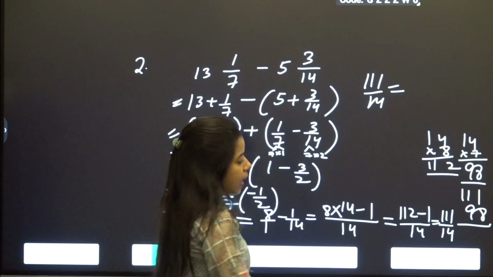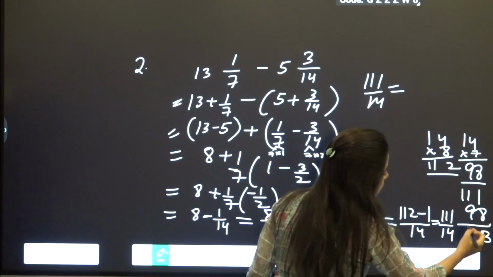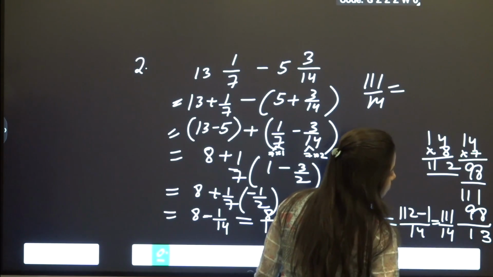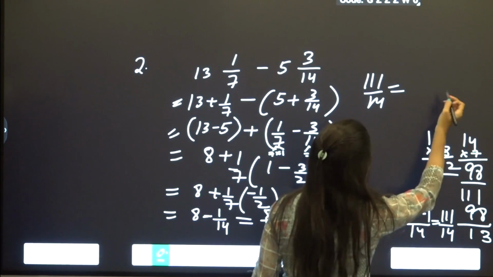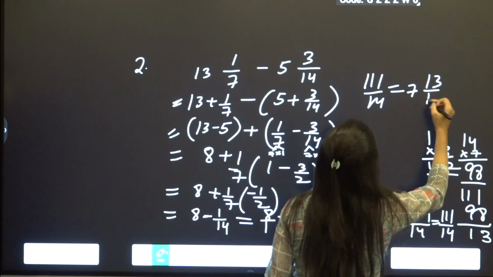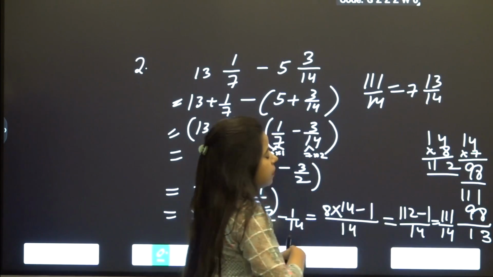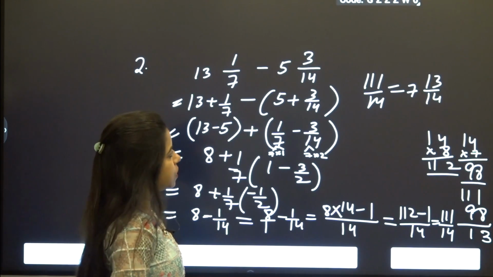Okay, that will be 13. So we are going to get 7 13 upon 14. Are you getting? So this is the answer.